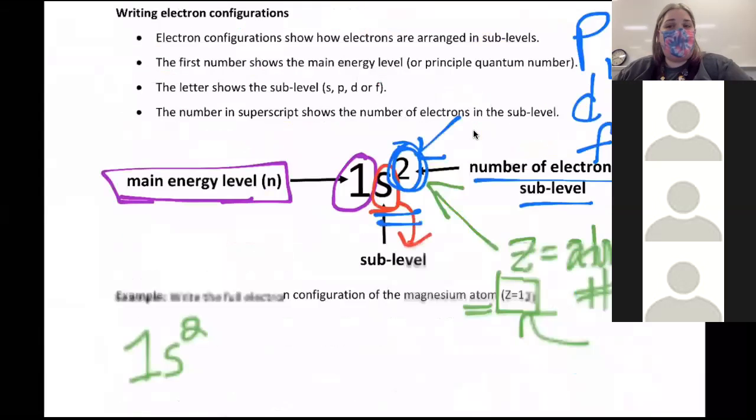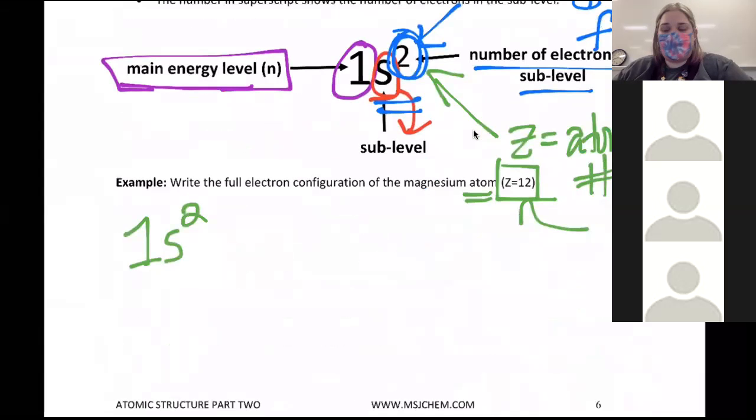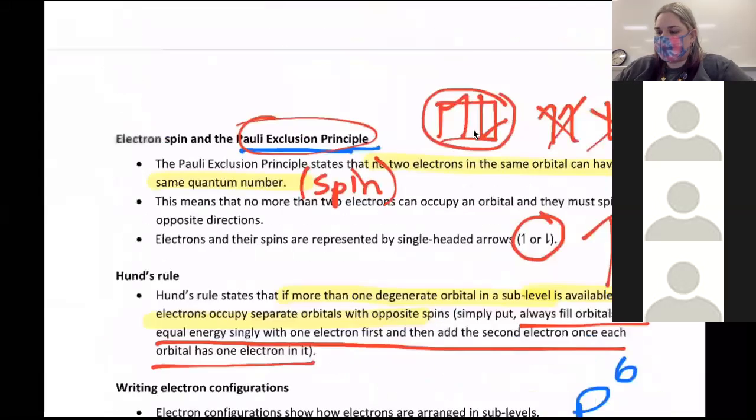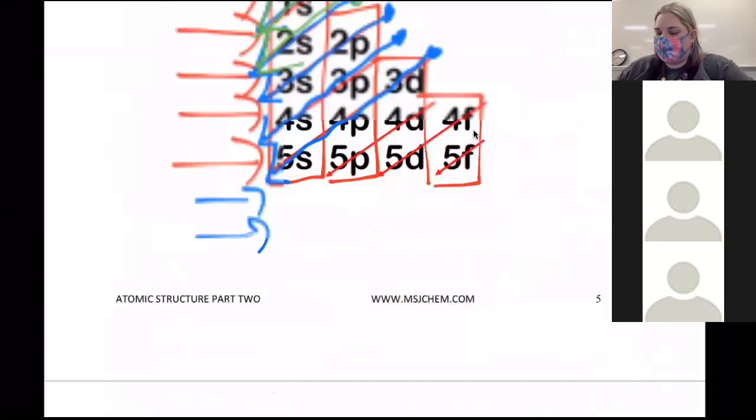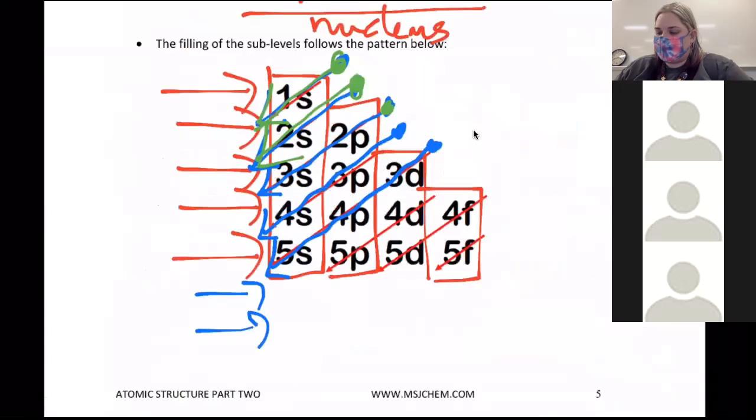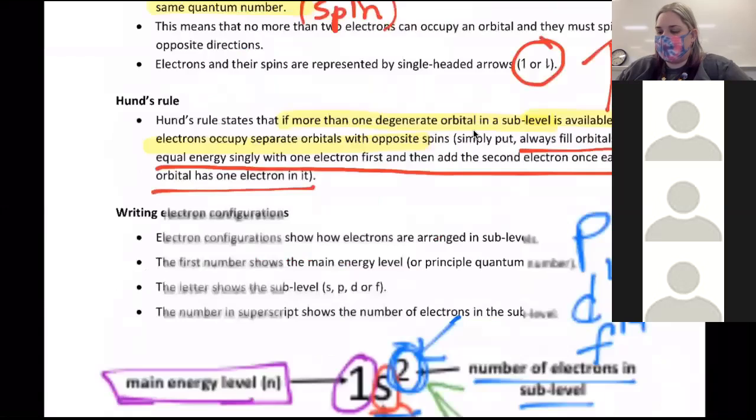As you're going, keep track of your exponents. Right now I have 2 and 2. That's only 4. I need to get up to 12, so I have to keep going. Looking at the diagram, the next one is 2p. We're on the second energy level, but now we have a p sublevel.